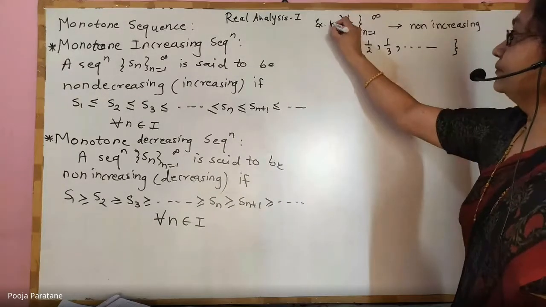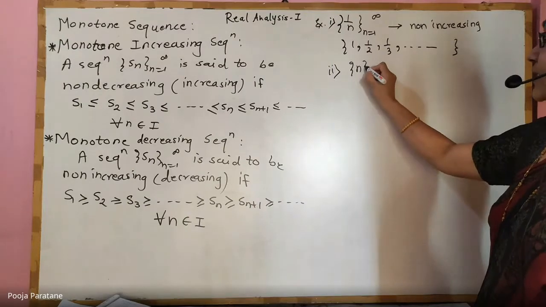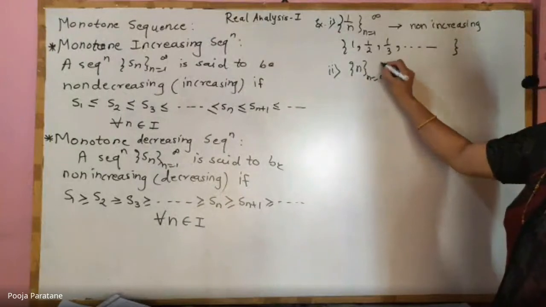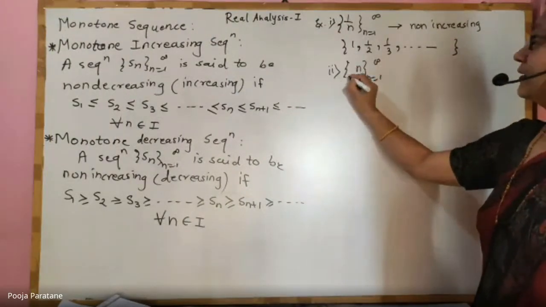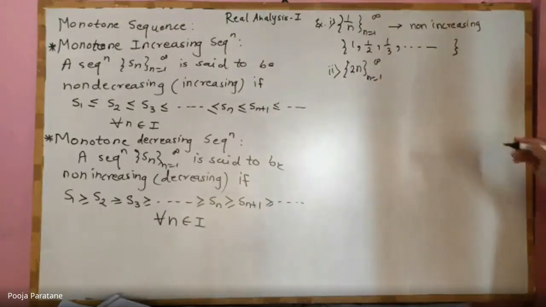Another very simple example: this sequence, or suppose here I add this number, then again this is an increasing sequence.